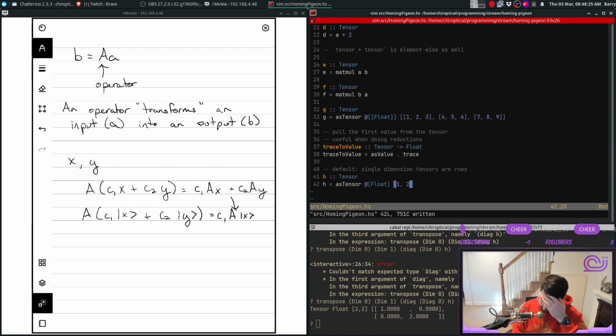Okay, so there's that. It says that the transformation B equals A is linear.